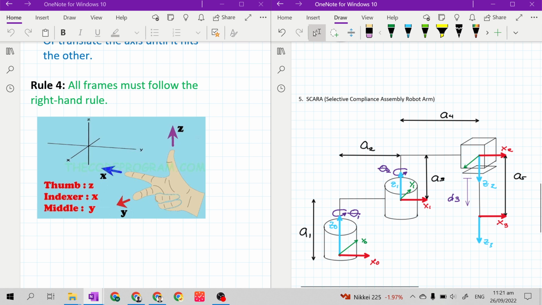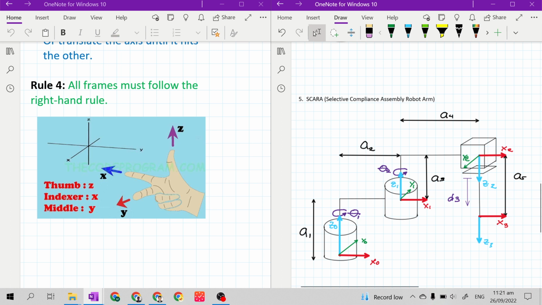Am I right? You may try that. The z-axis is the thumb, the x-axis is the index finger, the y-axis is the middle finger. So it will point to the front. So this is y sub 2.